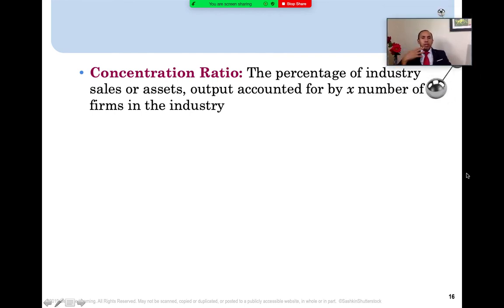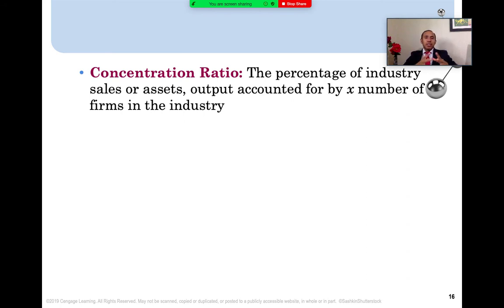The concentration ratio, in this case, is a little bit specific. It is the percentage of an industry's sales, assets, or output that is accounted for by a specific number of producers in that industry. If the industry is highly concentrated by few firms, then there's high concentration by a specific number of firms.